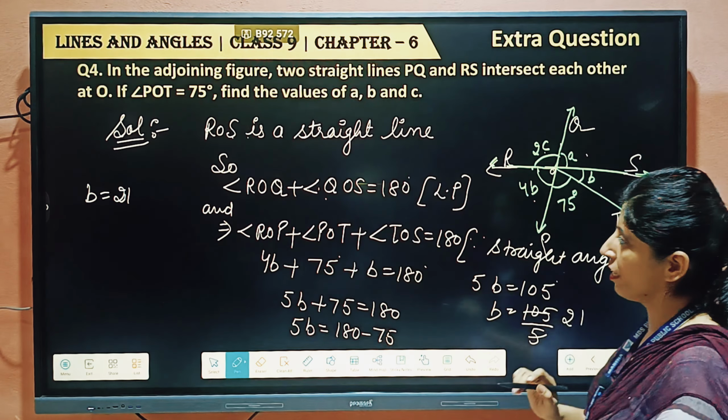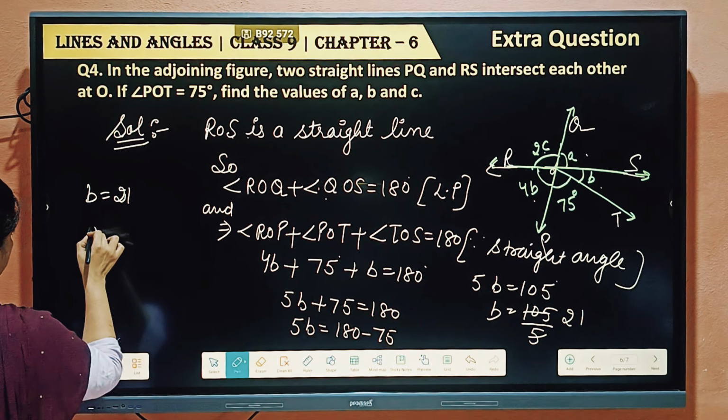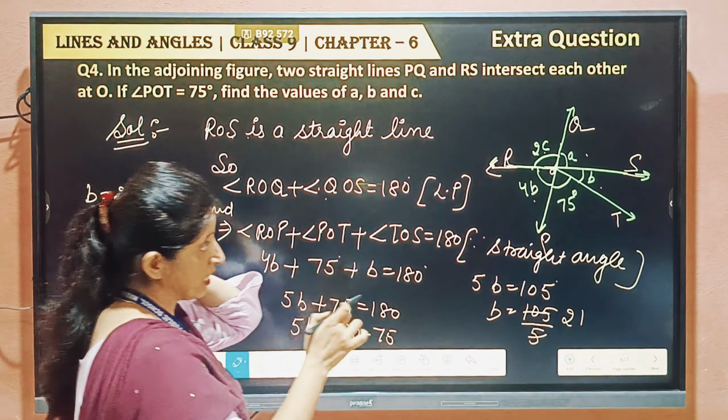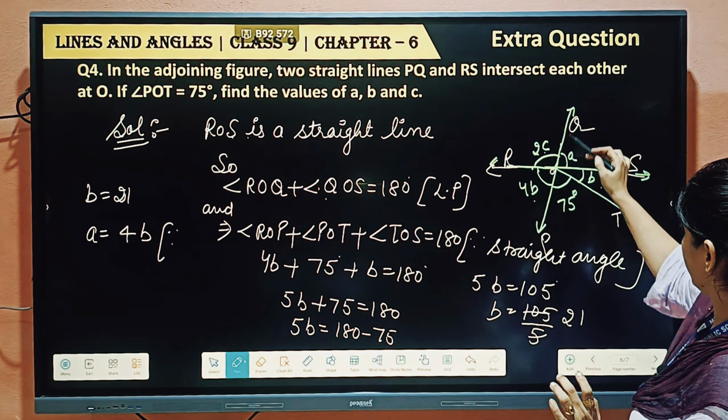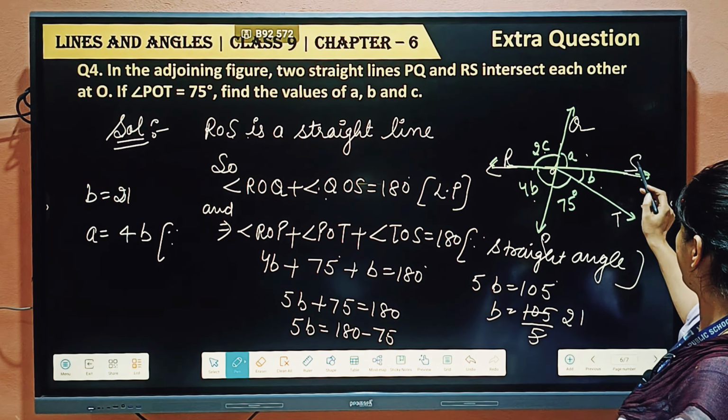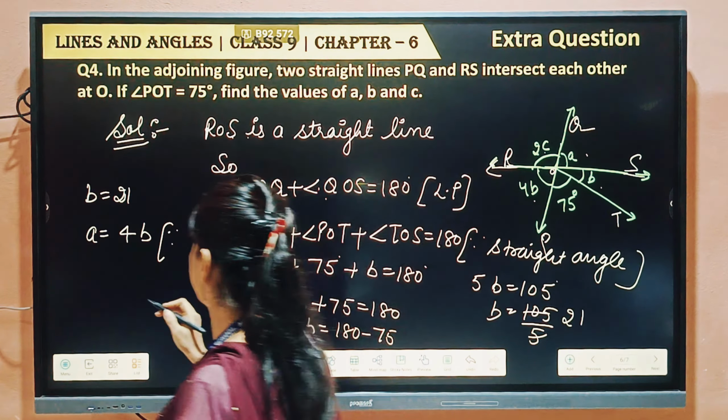A and 4B are equal, because this angle and this angle are vertically opposite angles. Angle ROP equals angle QOS.